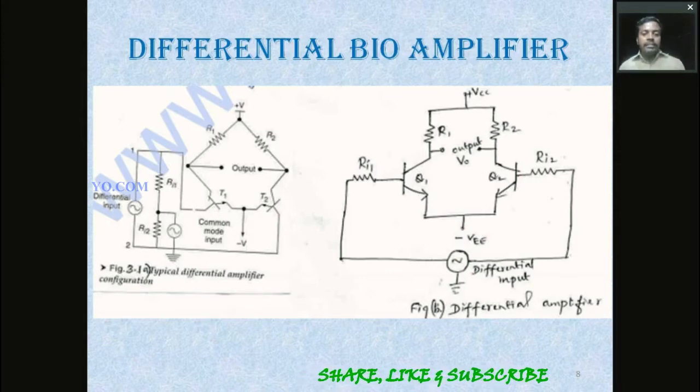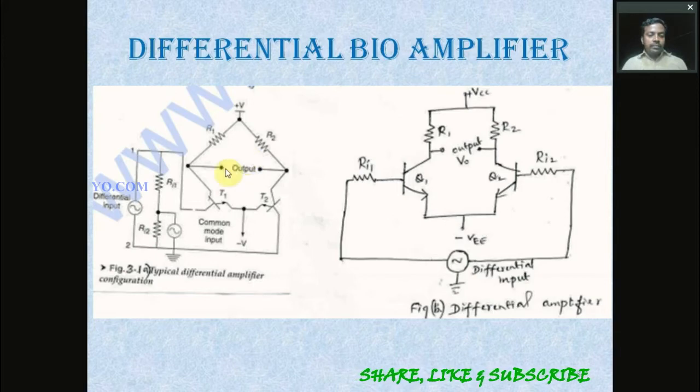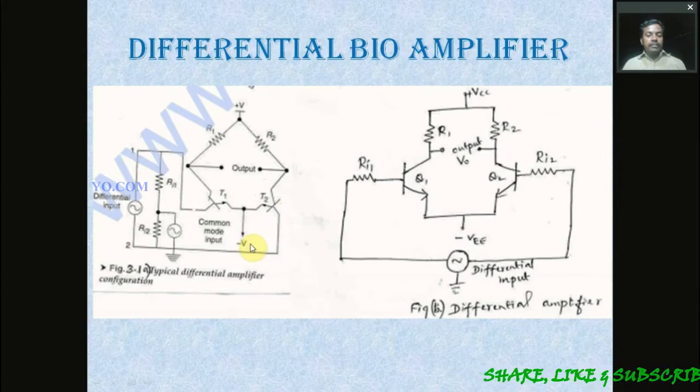The output is taken between the two collectors of transistors T1 and T2. The emitter pins are connected to the negative voltage, and the two bases are used for giving input.